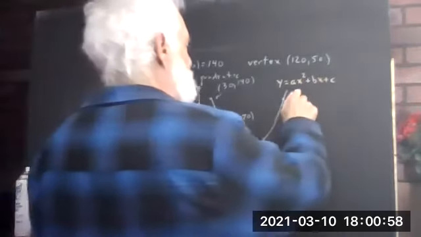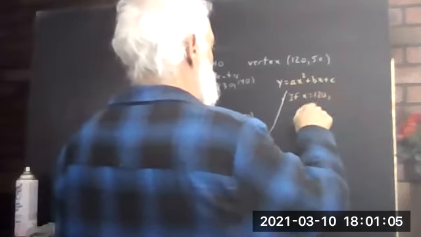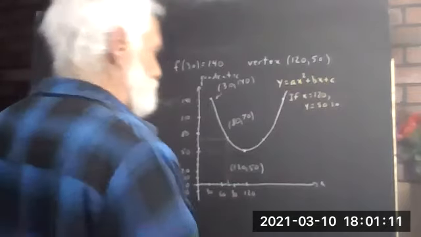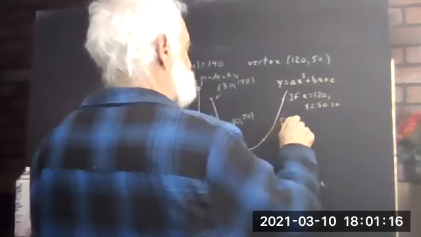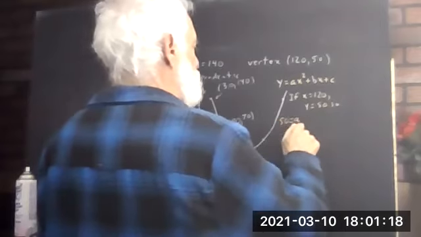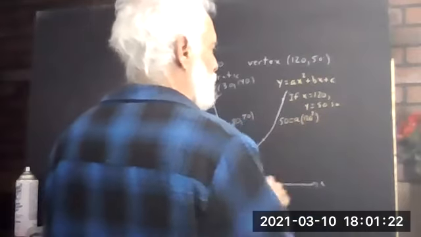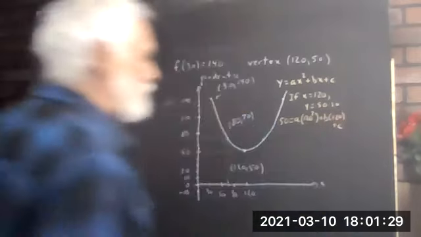So whatever A, B, and C are, it has to be so that 50 equals A times 120 squared, plus B times 120, plus C.